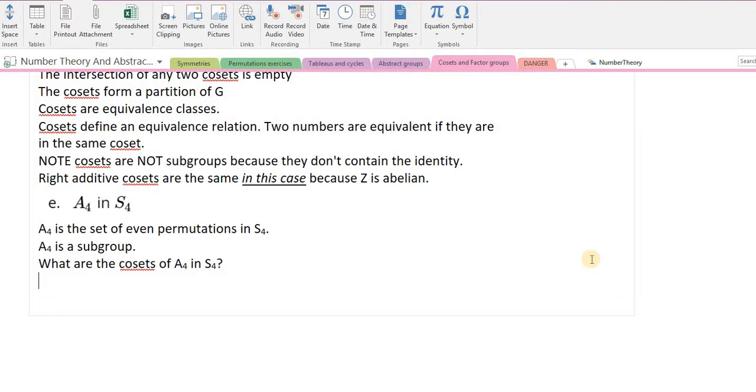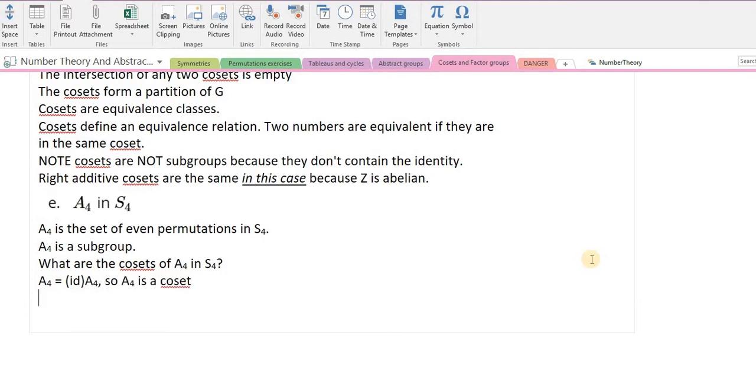Okay. First of all, A4 itself is a coset. I can write A4 is equal to ID times A4. So A4 itself is a coset. Right.